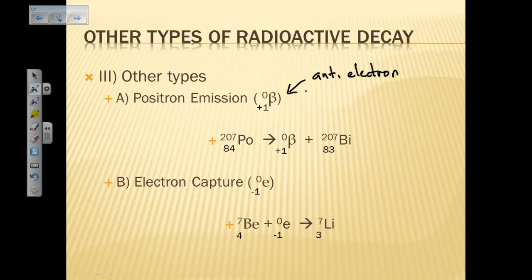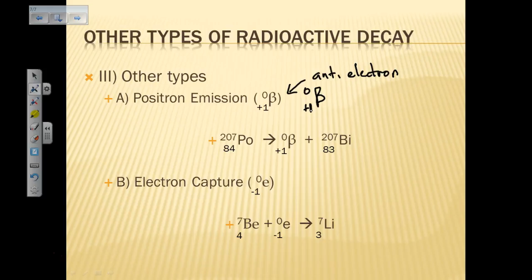That's why its symbol is the beta, but instead of having a -1, it has a +1. And we have seen that certain heavy elements will give off positrons as opposed to electrons, or gamma radiation, or whatever.